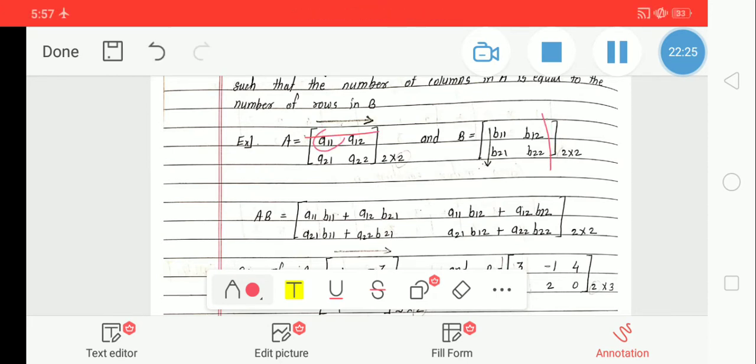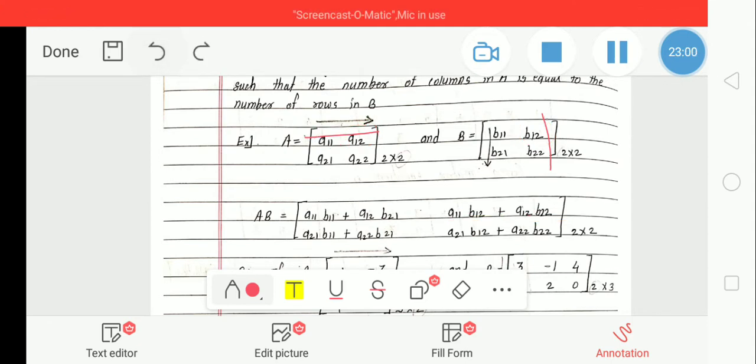So A11 multiply by B12 right here, then A12 multiply by B22 right, plus here, means this multiply by this plus this multiply by this, means A11 multiply by B12 plus A12 multiply by B22.